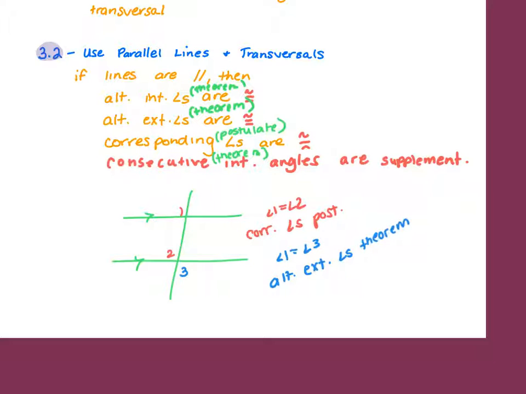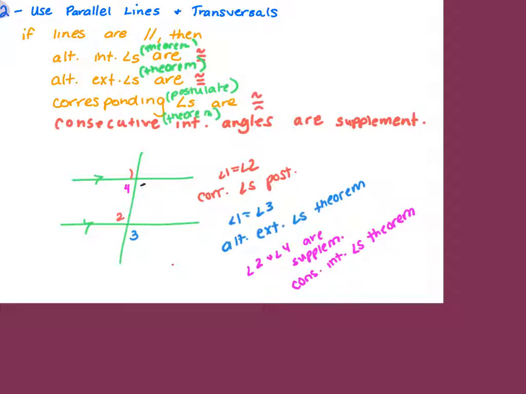If we are saying that angle 2 and 4 are supplementary, that's consecutive interior angles theorem. And if we are saying, if the lines are parallel, so 2 is congruent to 5, that's the alternate interior angles theorem.